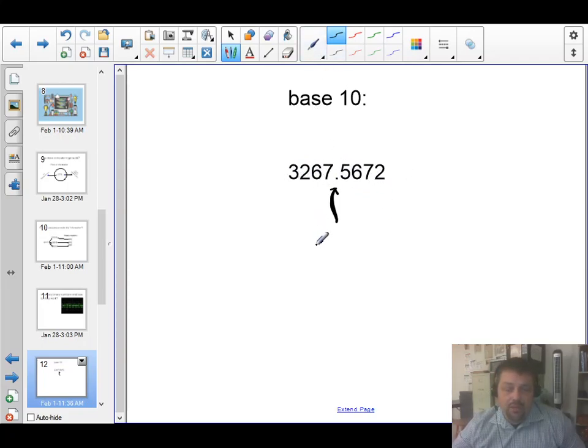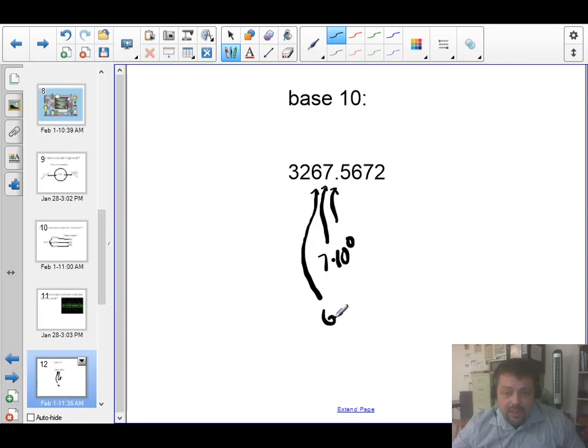But as far as the individual powers of 10 go, this is not just 7, but it's 7 times 10 to the 0 power. Anything to the 0 power is 1, by the way. And this 6, it's because it's base 10, so every successive column to the left is going to be a higher power of 10.